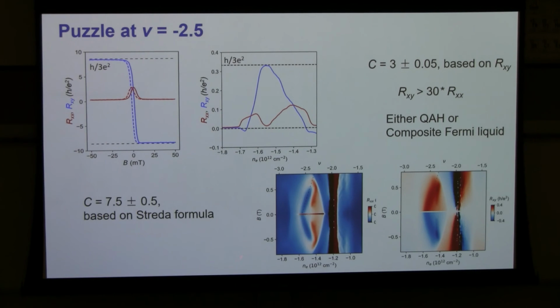However, there's a puzzle right now. If you measure the Landau fan, the charge density dependence of the Rxy and the Rxx as a function of magnetic field, you expect to see the state shift according to the Streda formula with a slope corresponding to 3. But what you actually got is something that has a much bigger slope than that.